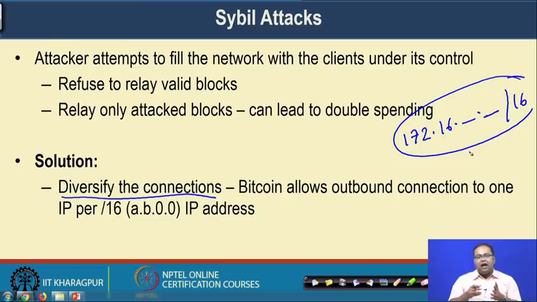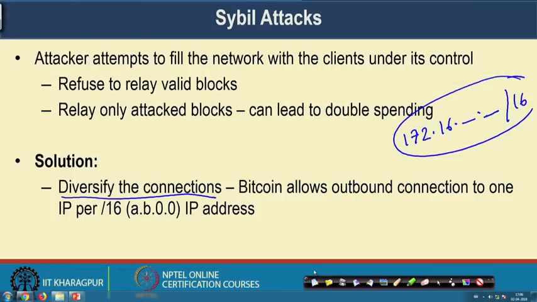So, if you diversify the network, it is expected that if the attacker generates multiple such false miners, the attacker will generate them within the same network. So, they will be clustered within the same subnet. That is the expectation, and with this expectation people find that the Sybil attack may be possible.